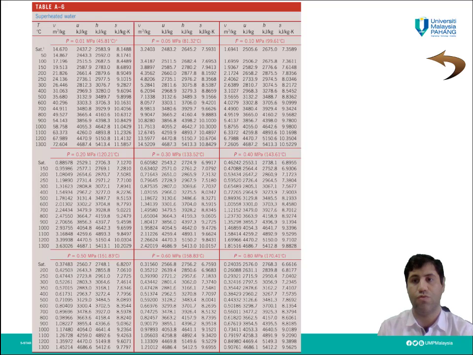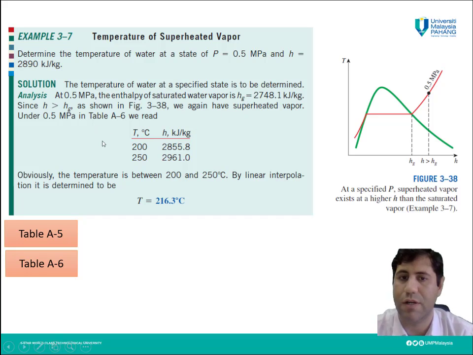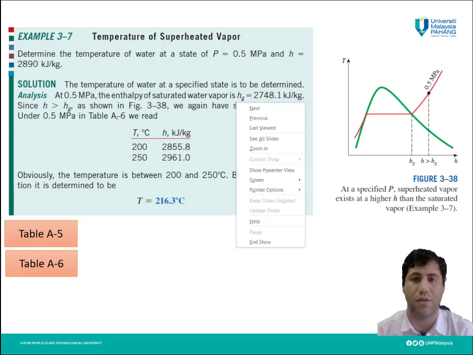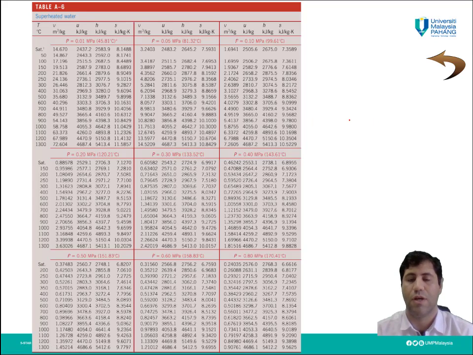Now let's go back to the question. Here you can see the H which we have. This is our H, H is equal to 2890. Let's go to the table, table A6.